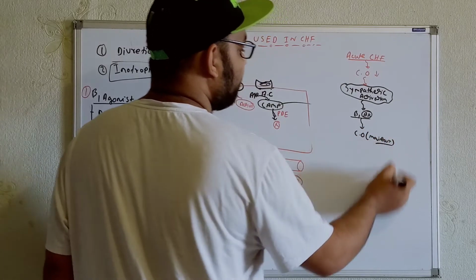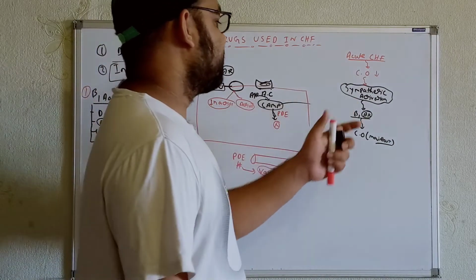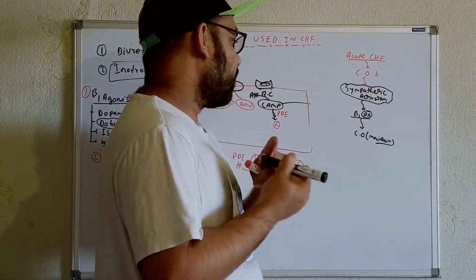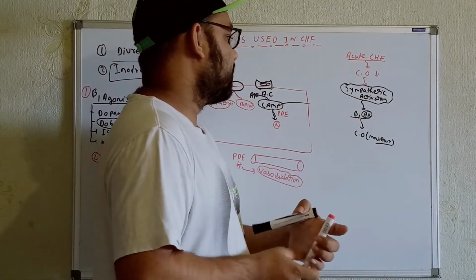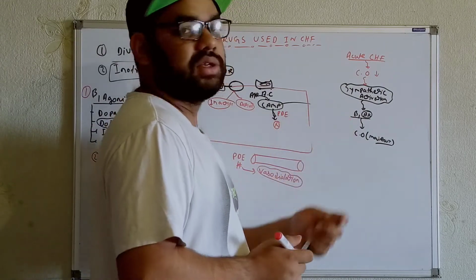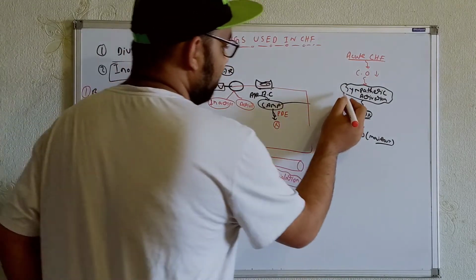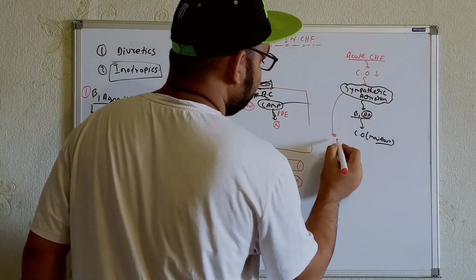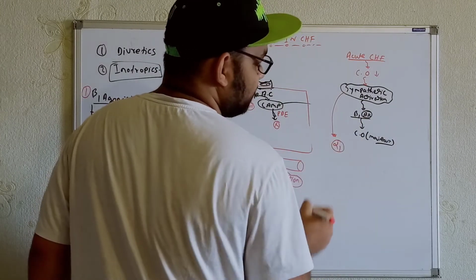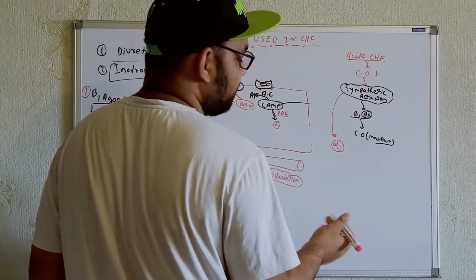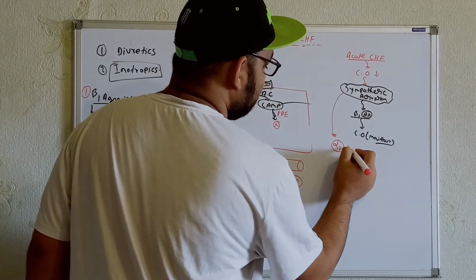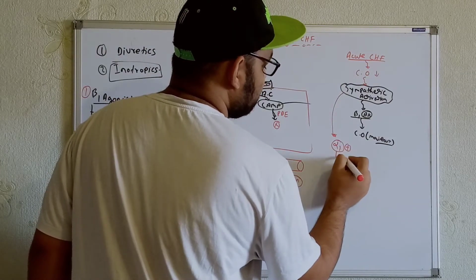But the problem is that whenever the sympathetic activation is seen, it will not only activate the beta 1 adrenergic receptors, it will also activate different types of receptors as well. It will also activate the alpha 1 receptors. And whenever the alpha 1 receptors are activated, they will cause vasoconstriction.